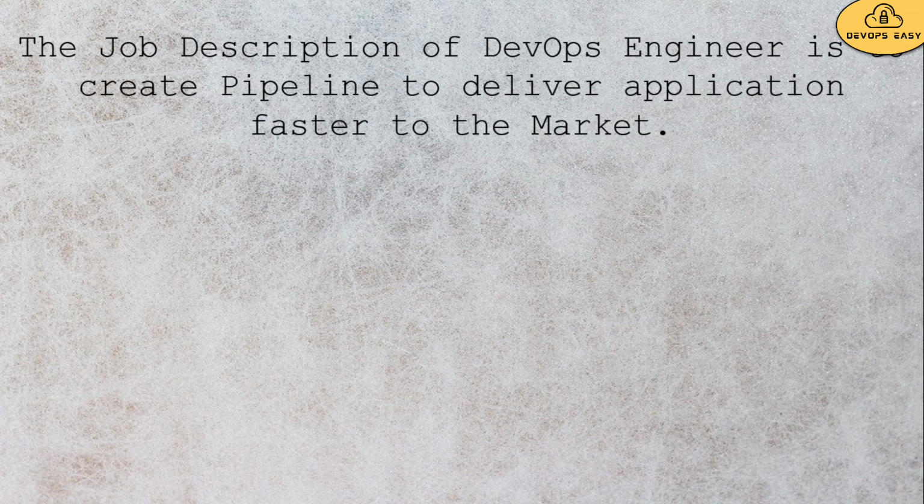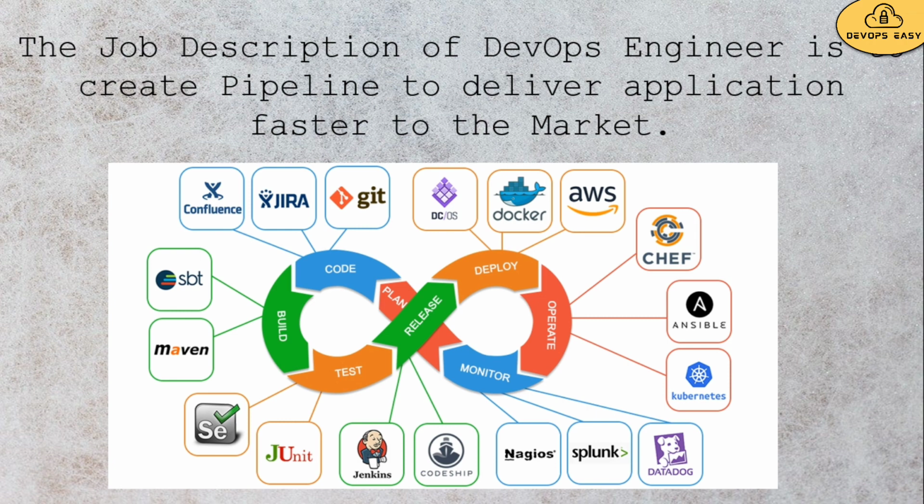The basic job description of a DevOps engineer is to create a pipeline to deliver the application faster to the market. As a DevOps engineer, we need to get the application into the market as fast as we can, so that the application can be released and they can earn money. So that is the basic job description of a DevOps engineer.